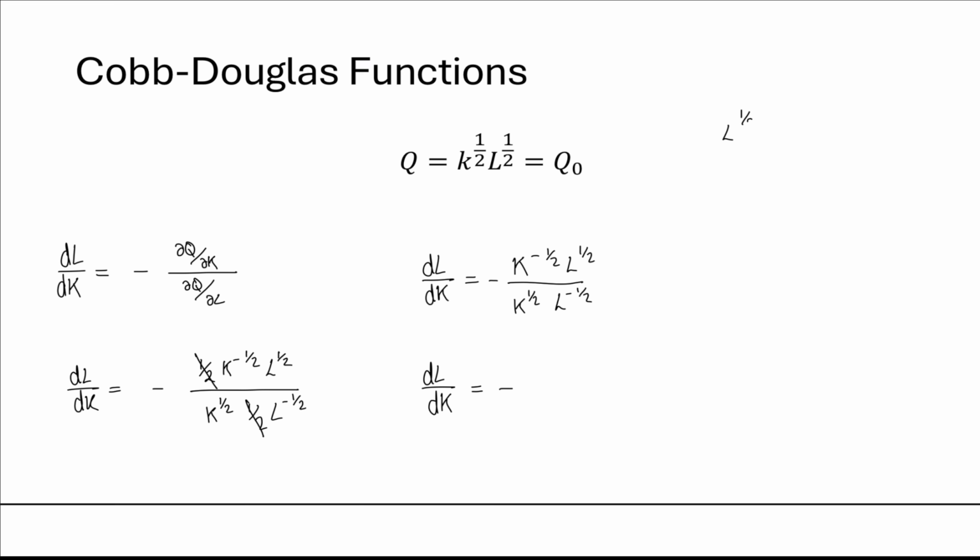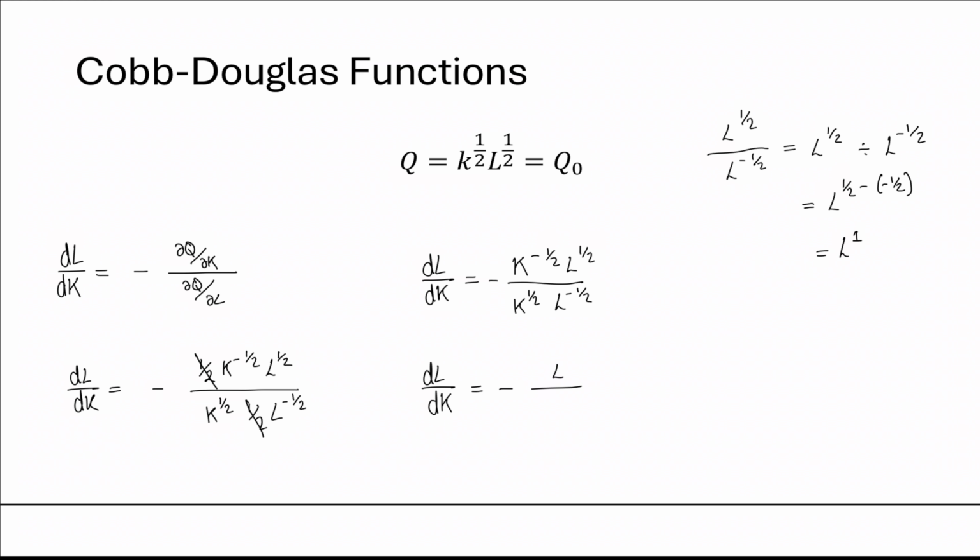And if we have L to the power of a half divided by L to the minus a half, that is just L to the power of a half minus a half.  So we just get L to the power of 1.